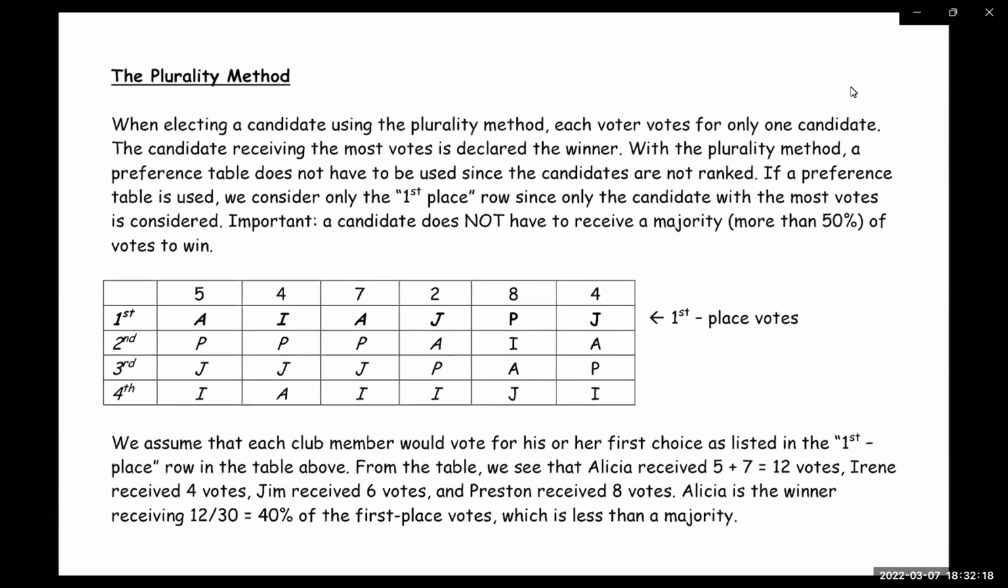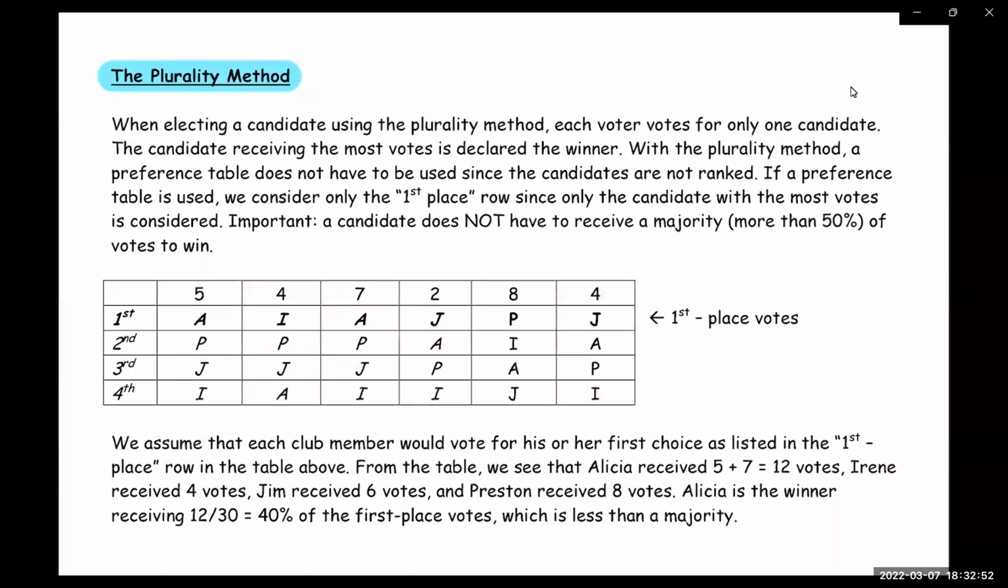All right, so now we're going to look at the plurality method. This is the first method that we're looking at. So remember, we're just counting the first place votes. When electing a candidate using the plurality method, each voter votes for only one candidate. The candidate receiving the most votes is the winner. With the plurality method, a preference table does not have to be used, because you're just counting the number of first place votes and the candidates are not ranked.